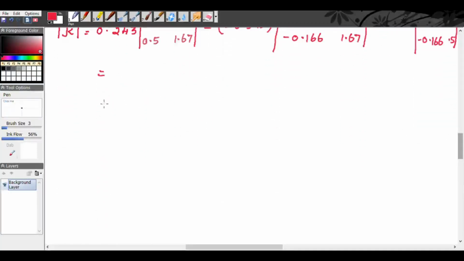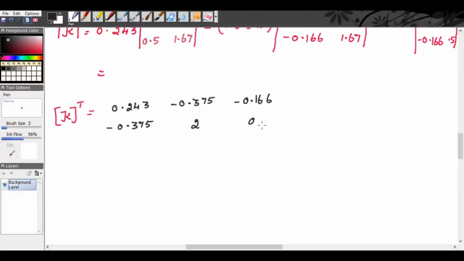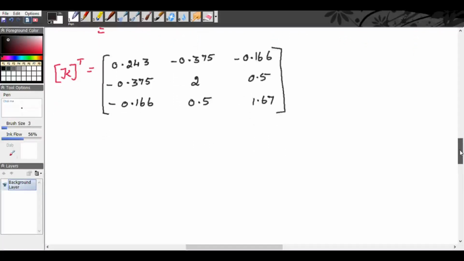So interchanging the rows and columns, you will get your K transpose as 0.243, minus 0.375, minus 0.166; minus 0.375, 2, 0.5; minus 0.166, 0.5, 1.67. So now we will find the matrix of cofactors of K transpose.